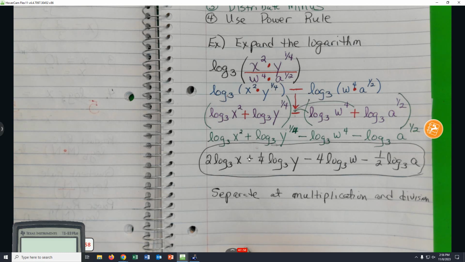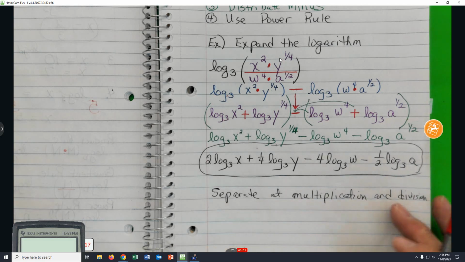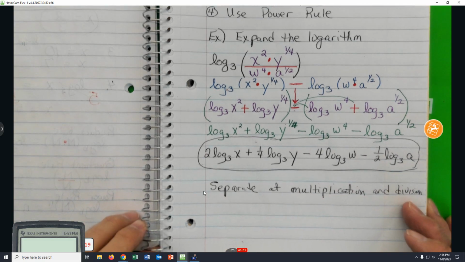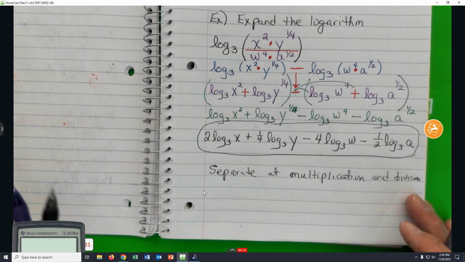Positive. The factors that start on top are preceded by positives. The factors on the bottom will be preceded by minuses. The arguments are the individual factors, x, y, w, and a, and the exponents become coefficients. Wow, so that makes it perfectly clear.